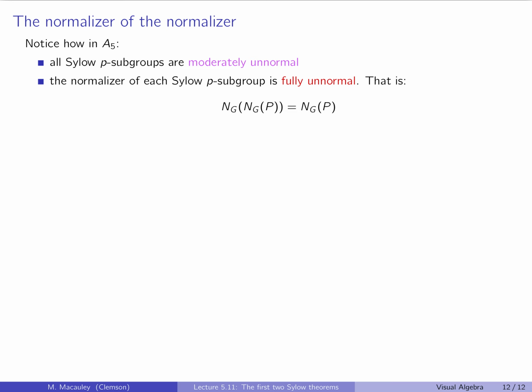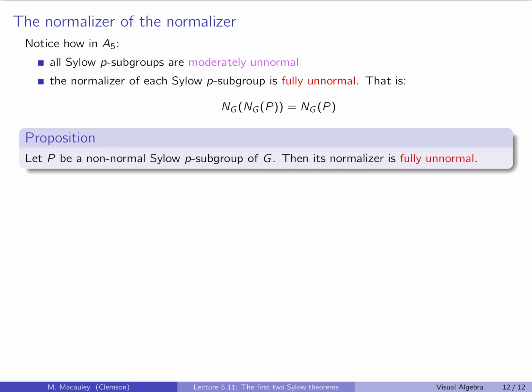Using our language from chapter 3, in the previous example, all Sylow p-subgroups are moderately unnormal. And the normalizer of each Sylow p-subgroup was fully unnormal. In other words, it was its own normalizer. So we will prove that the normalizer of the normalizer, not of any group, but of any Sylow p-subgroup, is equal to the normalizer.